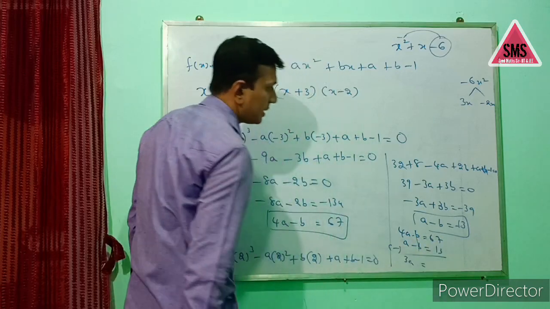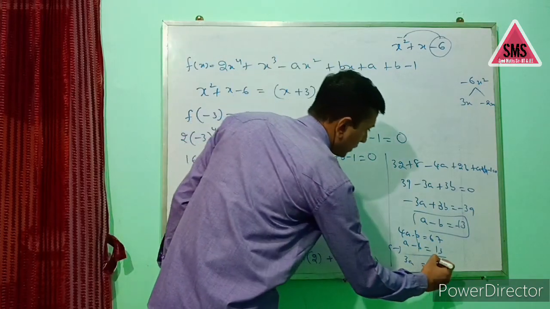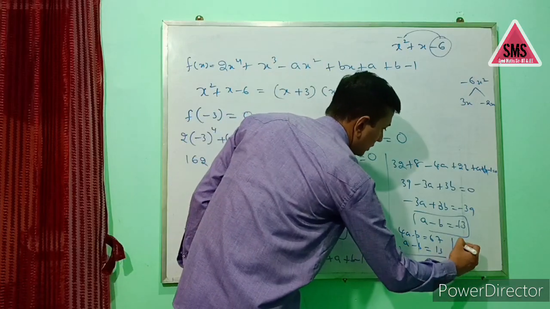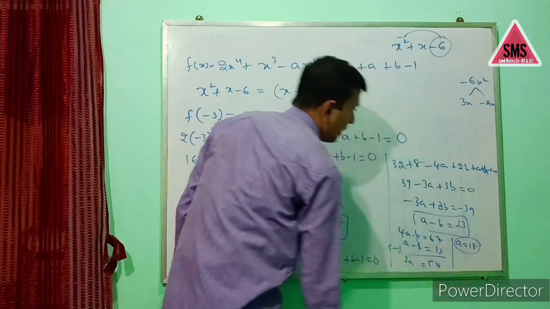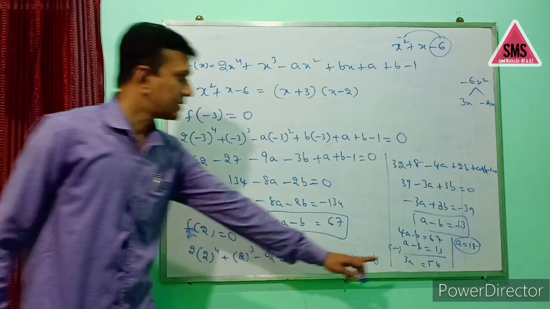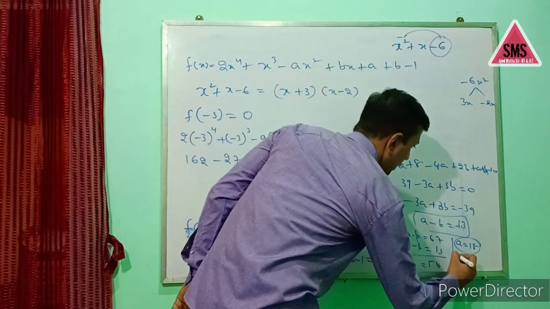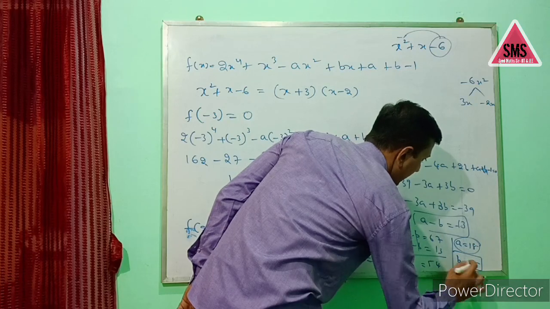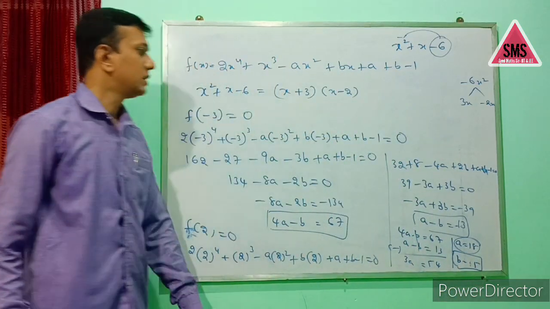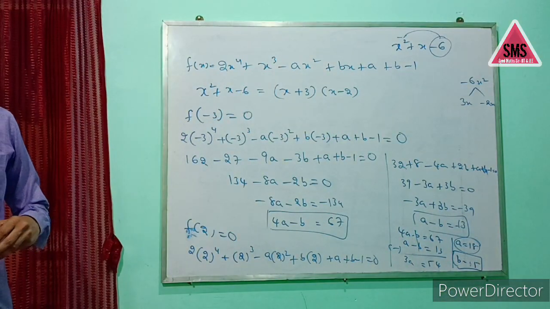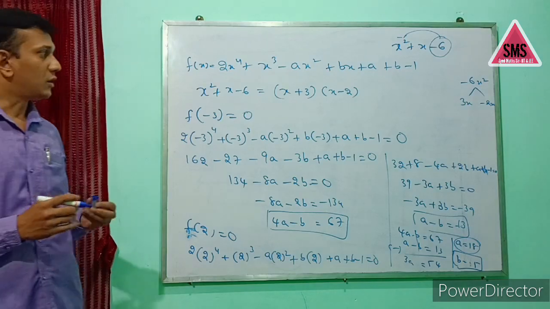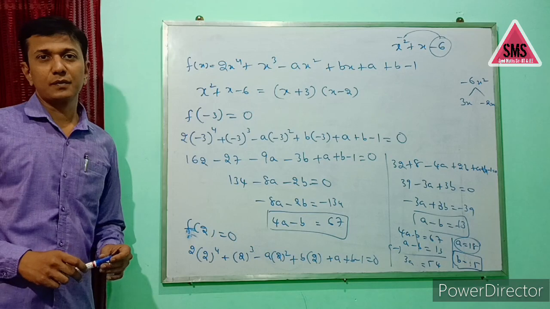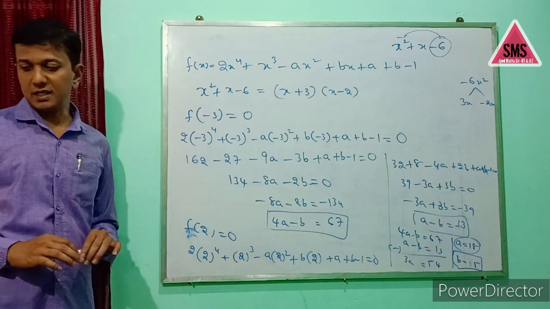So 67 minus 13 is 54. 3 times 18 is 54. So a is going to be 18, and then b is going to be 5. So this is how we have to solve problems related to the factor theorem. I hope you understood the concept.